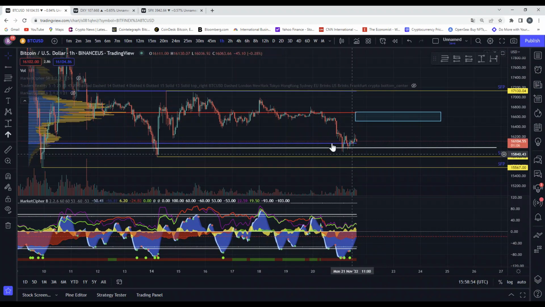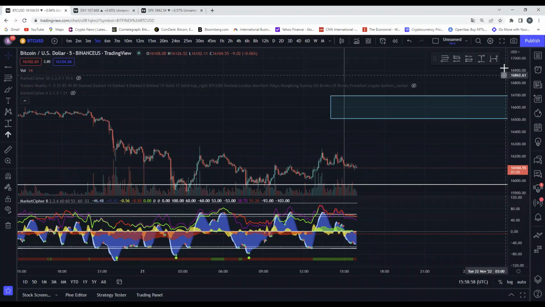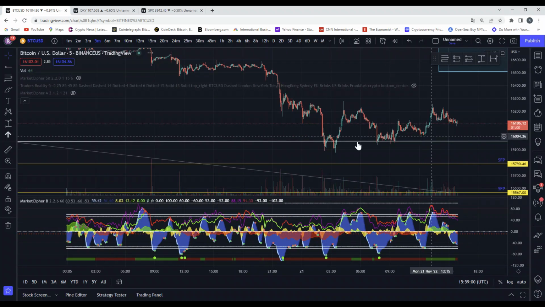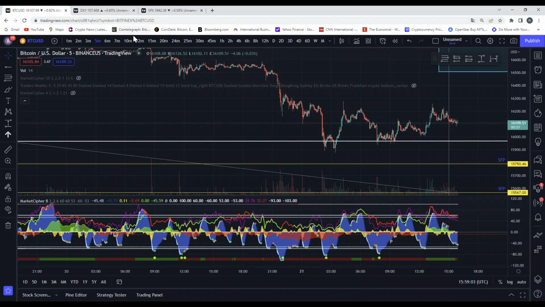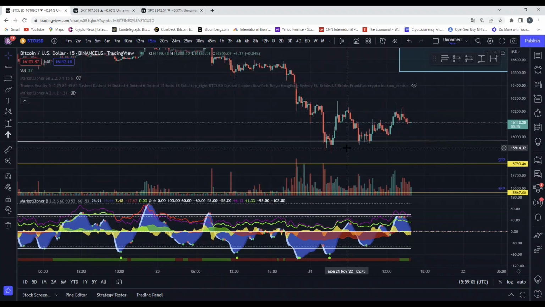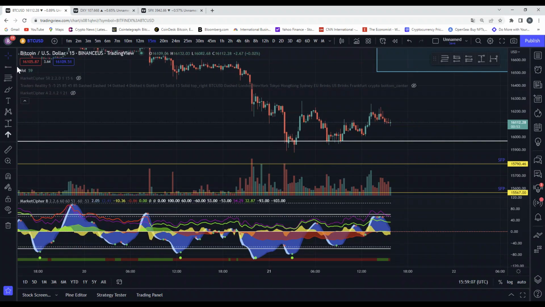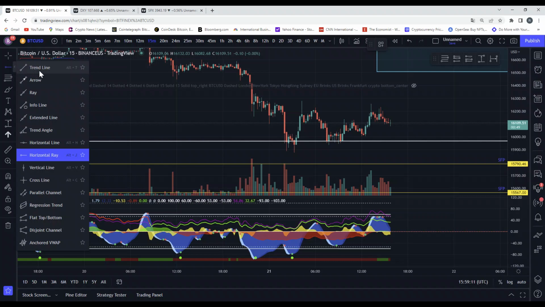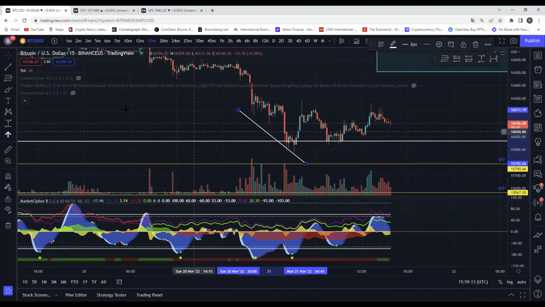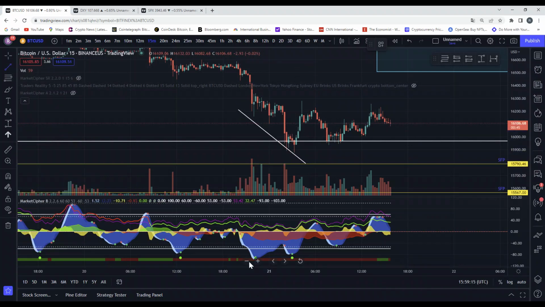There was one bullish divergence on this smaller time frame, but it was at a weird time for me, so let me take the 15-minute. This actually was nice. You know what, let's take the trend line. Here the price goes lower, and here you can see that the momentum wave is going higher.